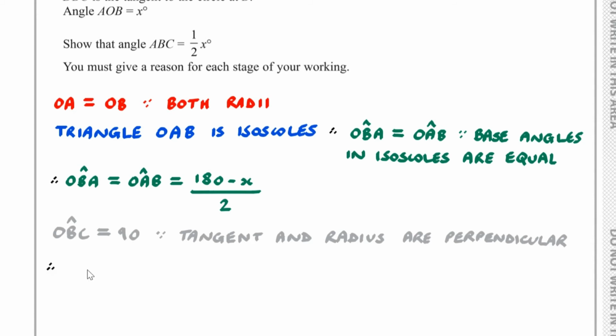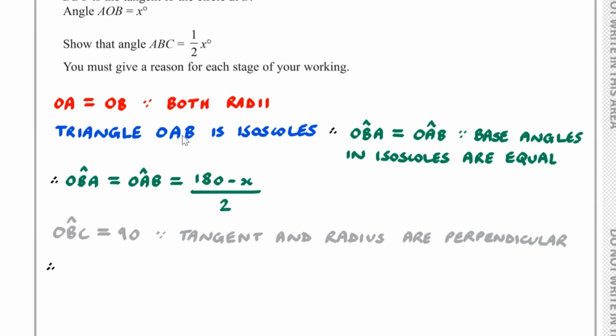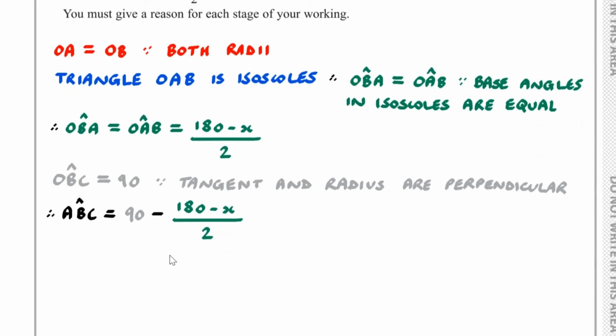So the angle we need to find out is the angle ABC. And to work out the angle ABC, we need to do 90, and then we subtract from this 180 minus x over 2.